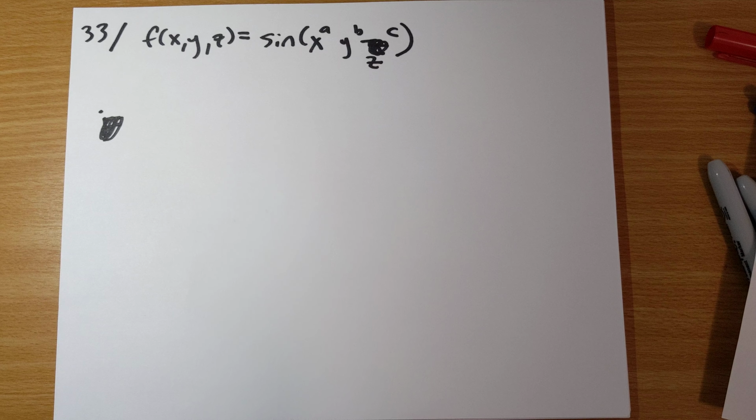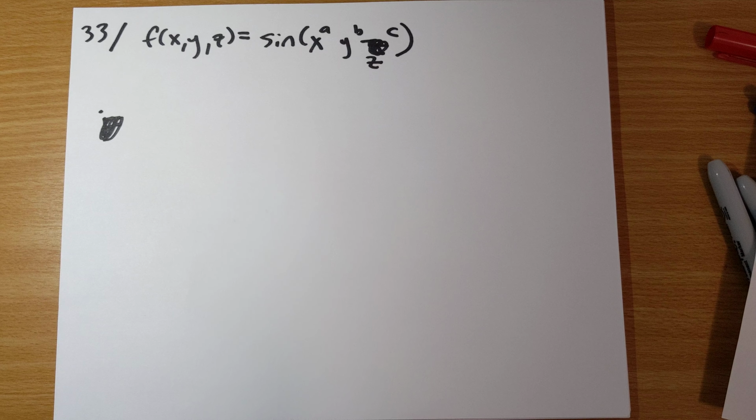I'm just going to observe that in each of those there's cosine of x cubed y to the 6th z cubed. So let's just try this as sine of x cubed y to the 6th z cubed. What happens when we take the gradient of little f?